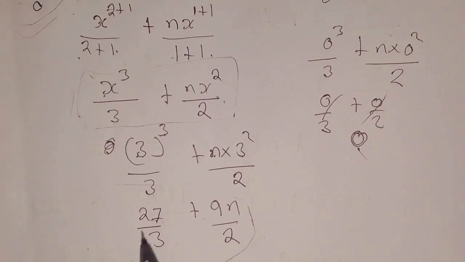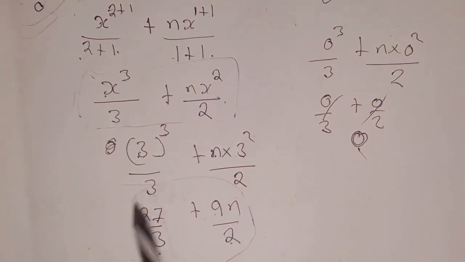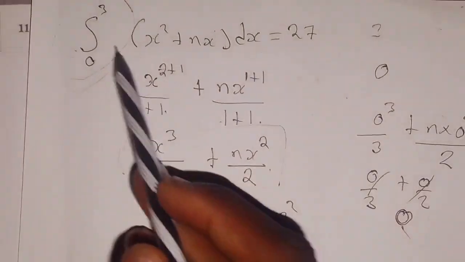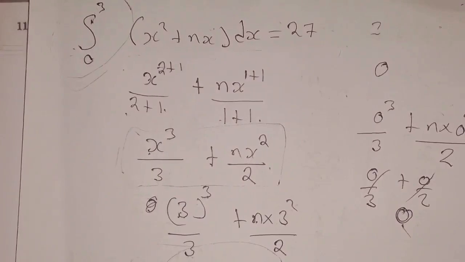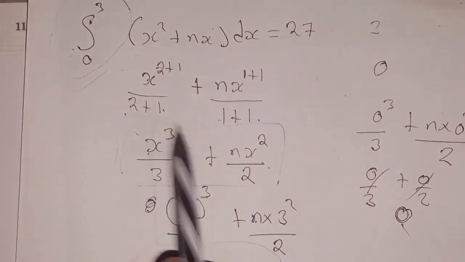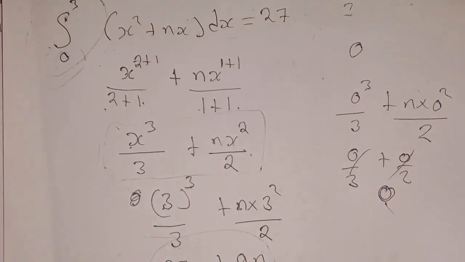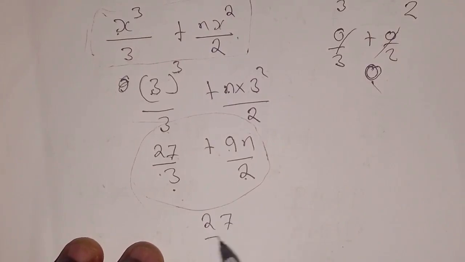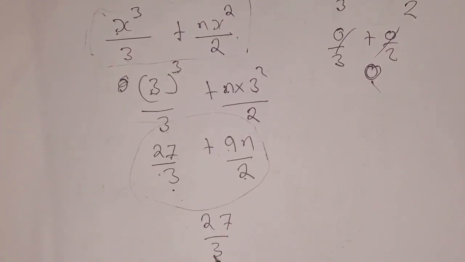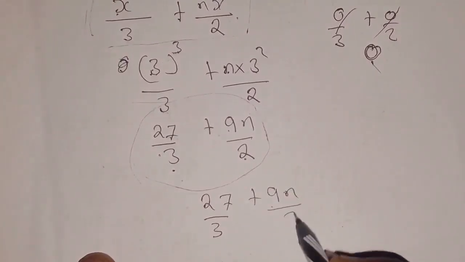So I'm going to do 27 over 3 plus 9n over 2, because this is the value we get by replacing 3, minus the value we got after replacing x with 0, which is 0.